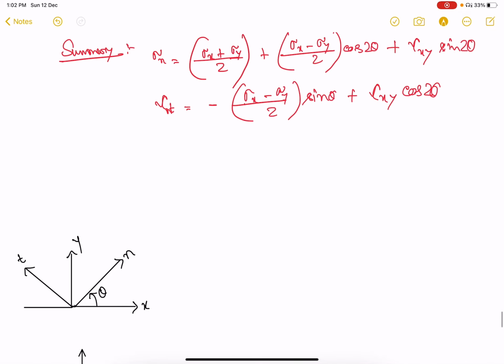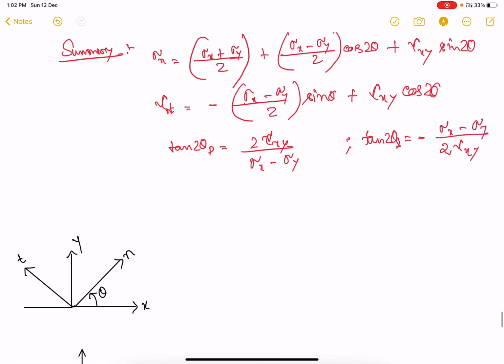Tan twice theta p is twice tau xy divided by sigma x minus sigma y, and tan twice theta s is the negative of its reciprocal.